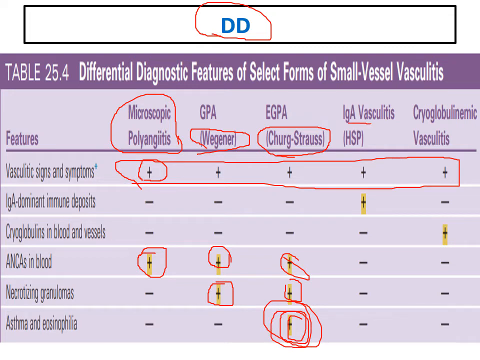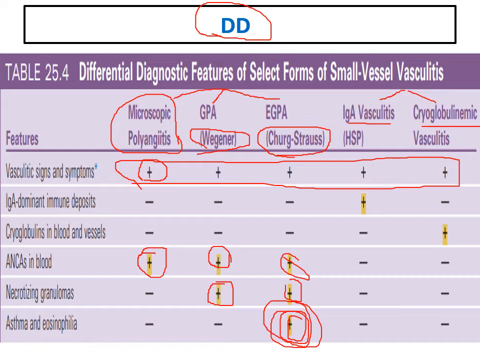But IgA vasculitis and the cryoglobulinemic vasculitis are immune complex mediated, while these three types are pauci-immune or ANCA associated. IgA and the cryoglobulins are immune complex mediated.